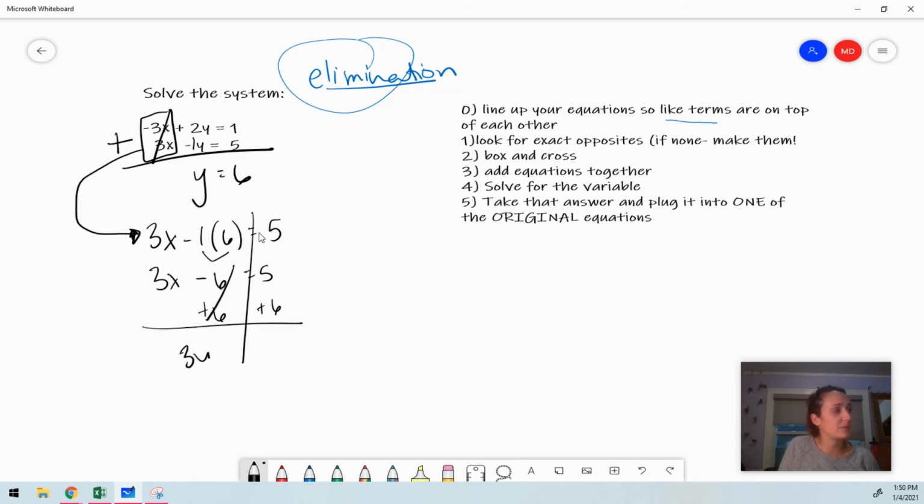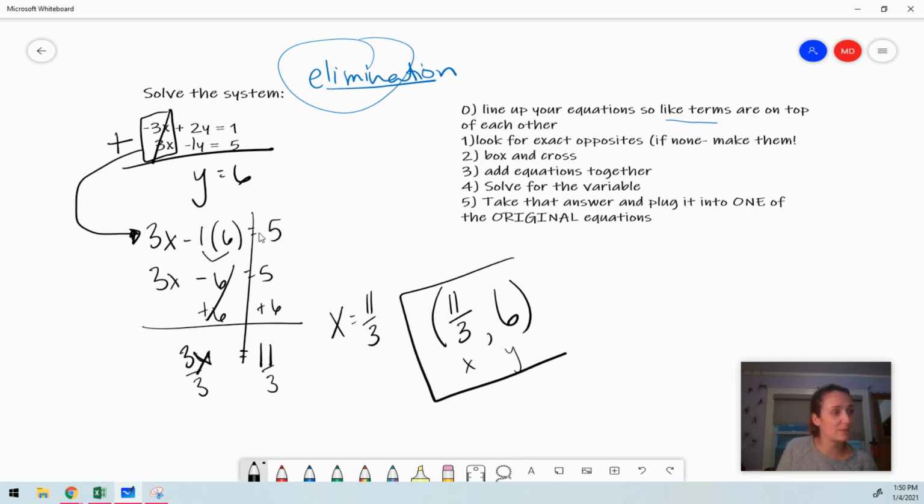I'm left with 3x equals 11. 11 over 3 can't be simplified, so I'm just going to leave it as 11 over 3. And my final answer here is, remember x goes first, 11 thirds, comma, 6. The answer is always x, comma, y.